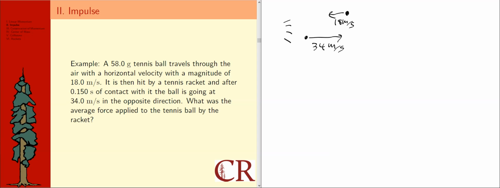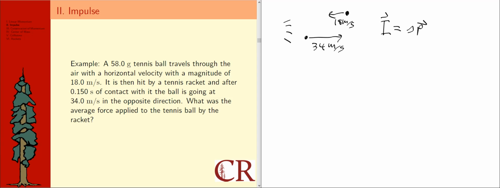The concept I'd like to apply to this is the impulse-momentum theorem, stating that impulse is equal to change in momentum. You might say, looking at that formula, how do you answer the question with that? There's no average force in there, is there?